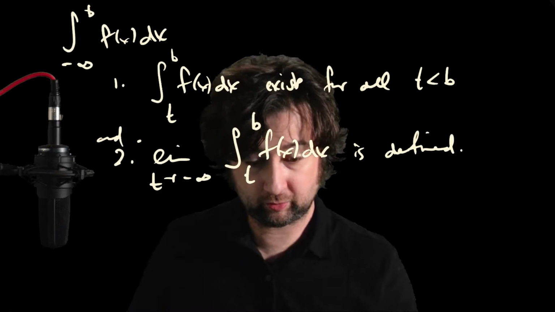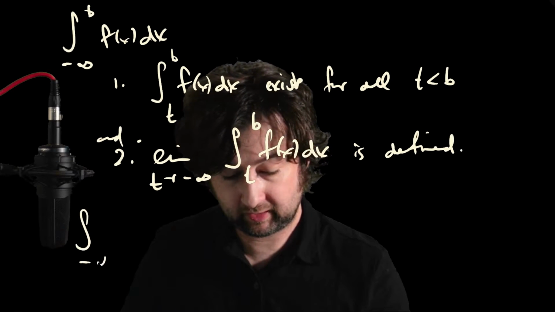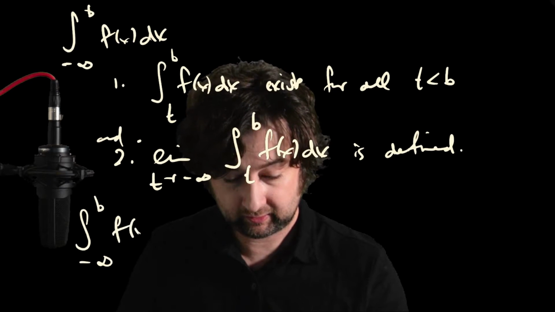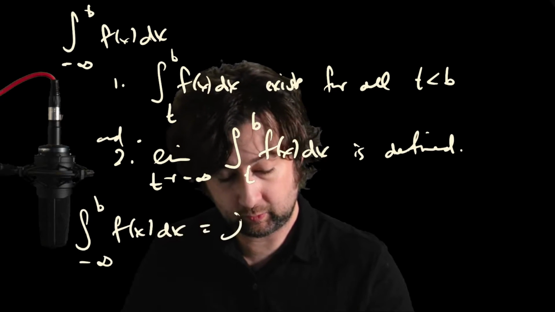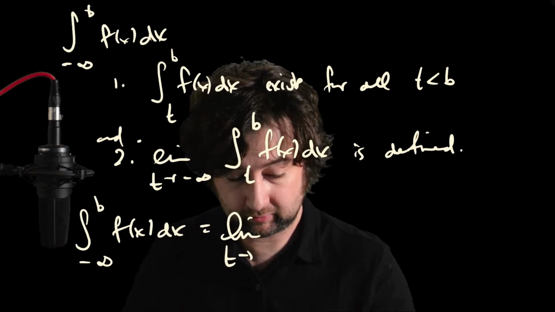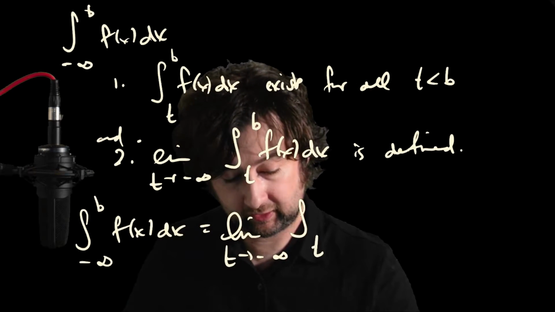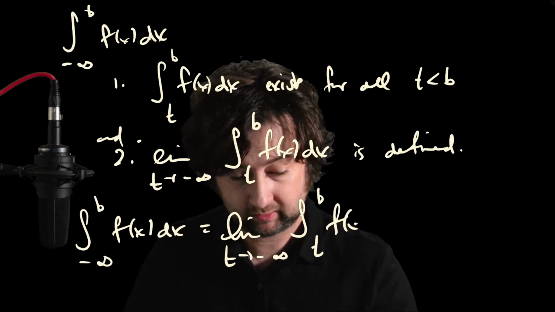And if that's true, then we say that the integral from minus infinity to b of f of x dx is equal to the limit as t goes to negative infinity of the integral from t to b of f of x dx.